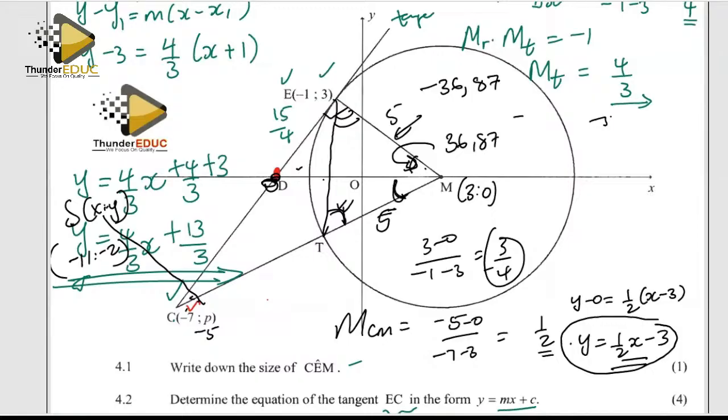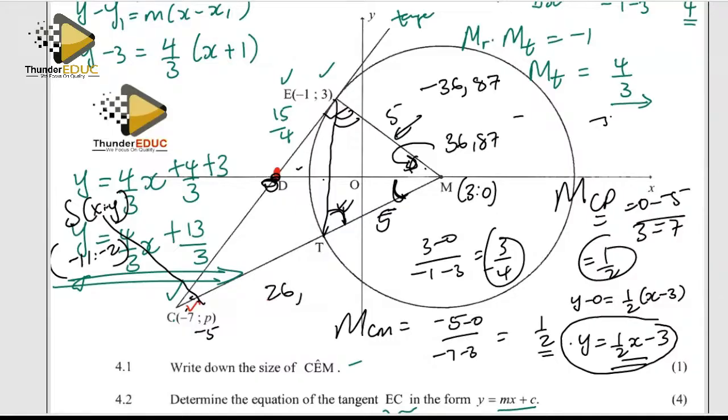Then if we find the gradient of CP, which is going to be 0 minus minus 5 over 3 minus minus 7, which we also found as what? A half. Okay, so the shift tan of a half gives us a 26,57.